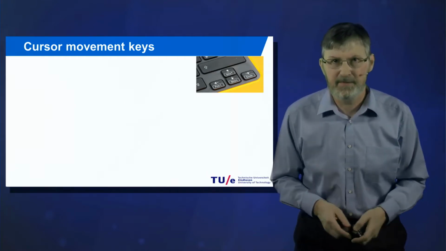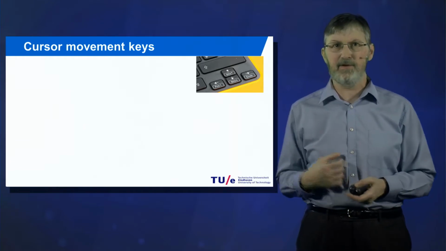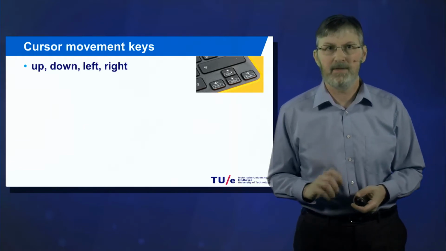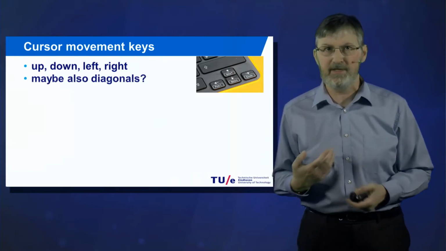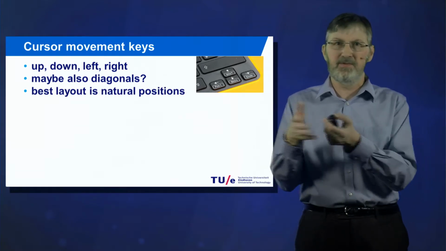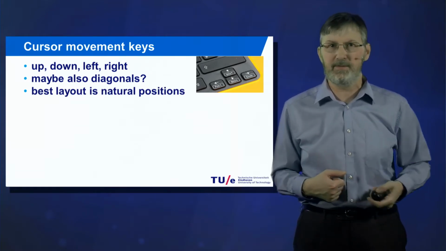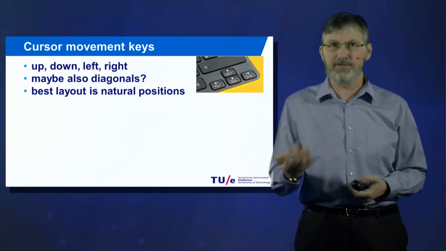For cursor movement, we typically use the inverted T placement of arrow keys. We have up, down, left, and right, and we need a good placement for these. Sometimes we may want diagonals, but no keyboards that we use nowadays have those. The best layout is some natural position.